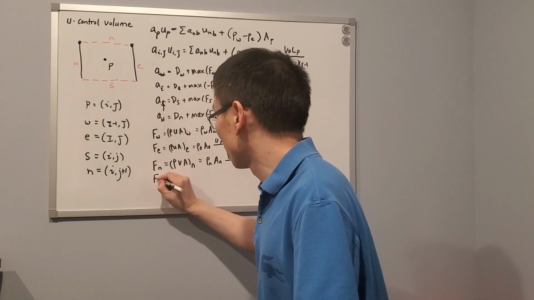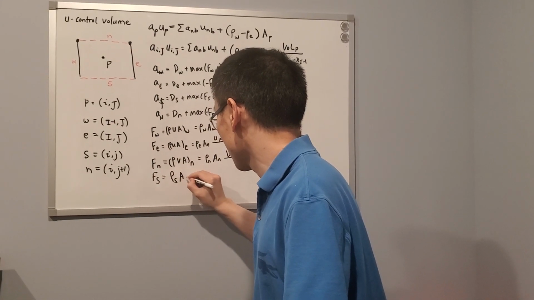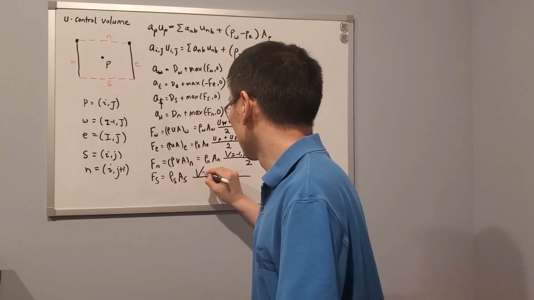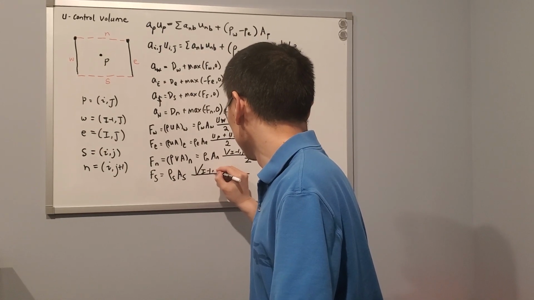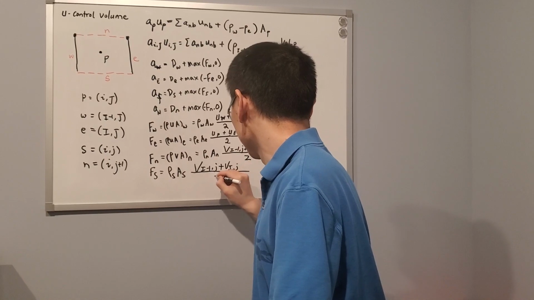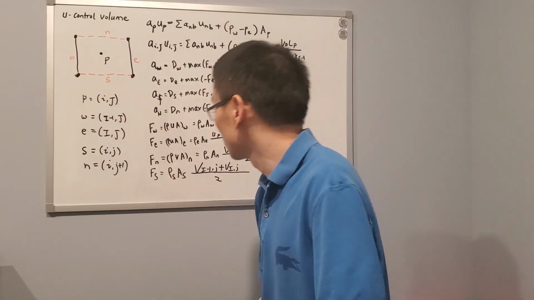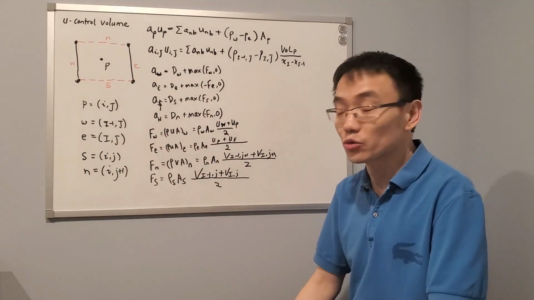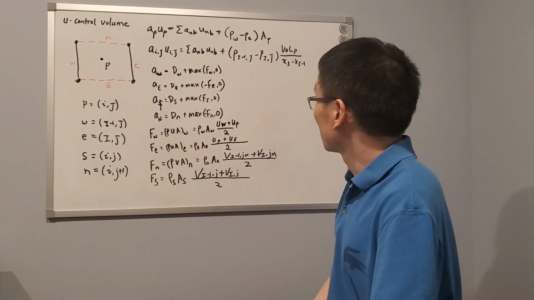Okay, for Fs, we have rho S A S times V(I minus 1, J) plus V(I, J) divided by 2. So that is the average of this point and that point, where we evaluate the V velocity components. Okay, F term can be computed like that.